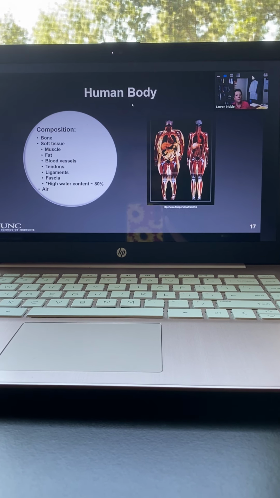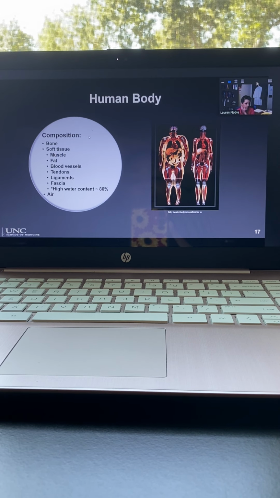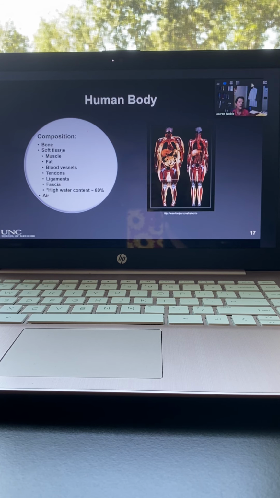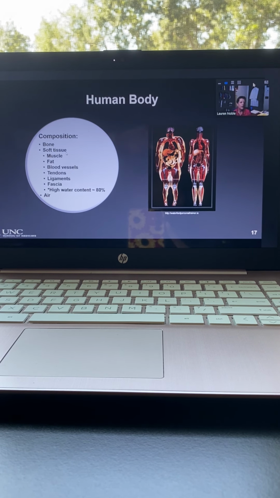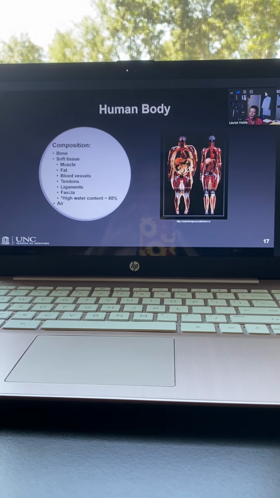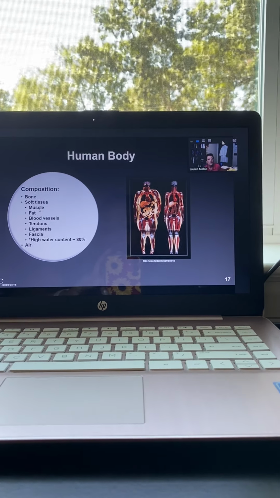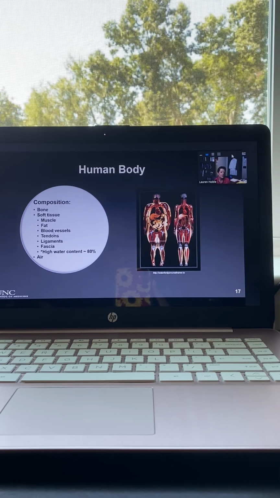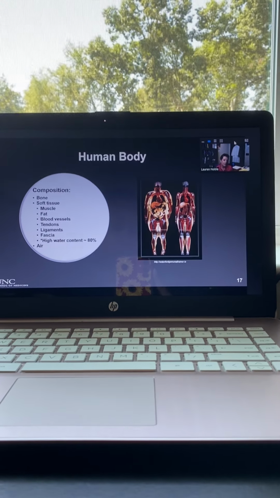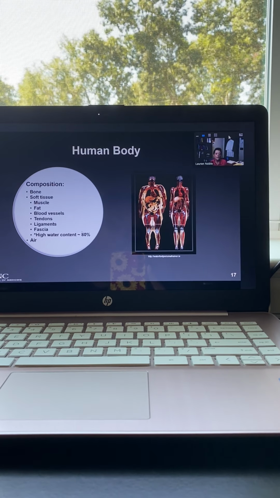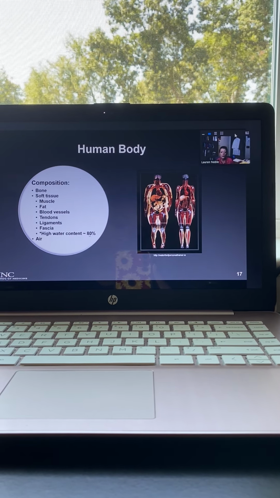Okay, and so the human body, in terms of composition, we're composed of bone, and we're composed of soft tissue, and these are all types of soft tissue structures. So when we say soft tissue, that means muscle and fat, blood vessels, tendons, ligaments, fascia. All of this soft tissue gives us a very high water content, around 80%.